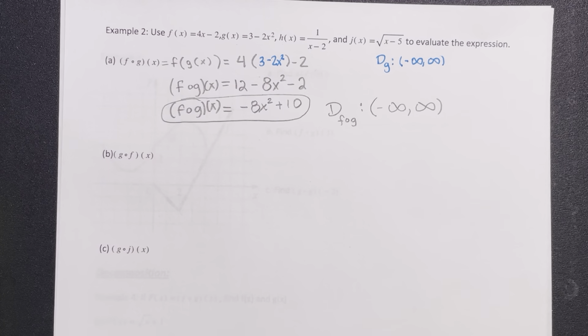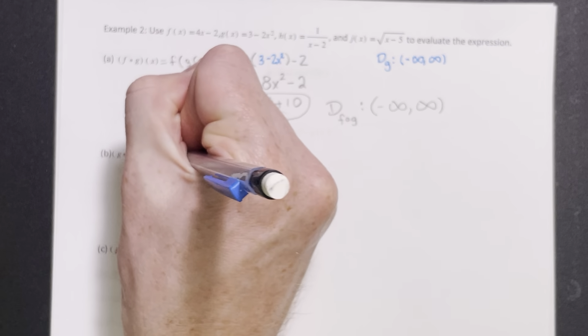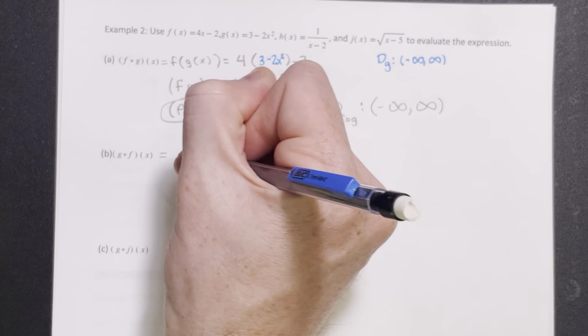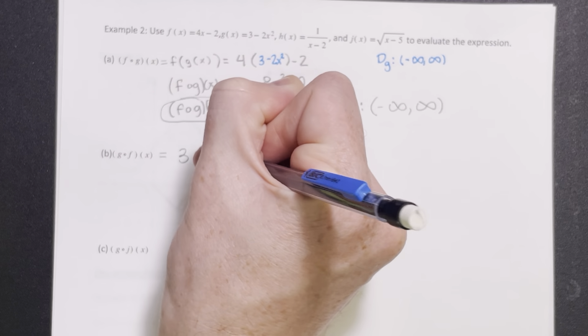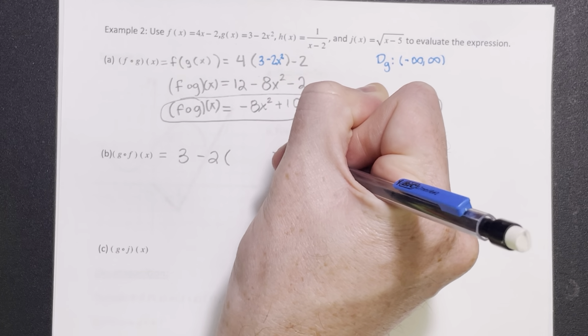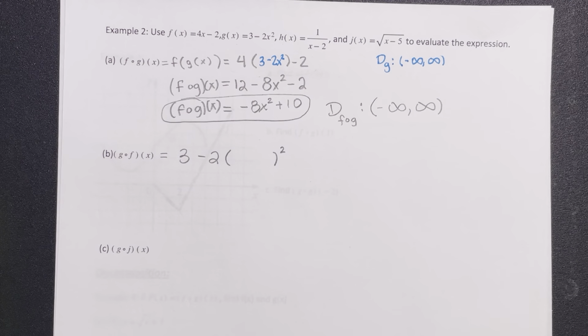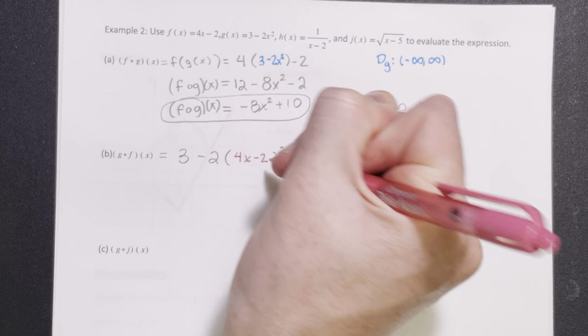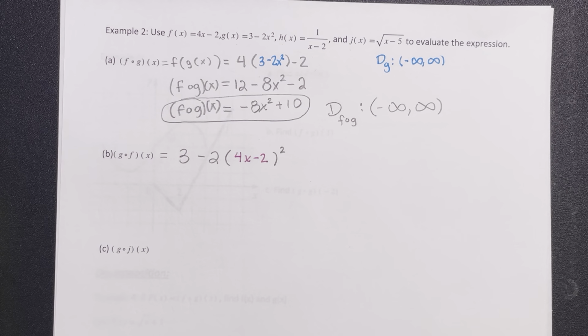If we change the order, g of f, means we're starting with the g function, 3 minus 2x squared, but the x is being replaced this time with f of x, which was 4x minus 2. And we need to simplify this.